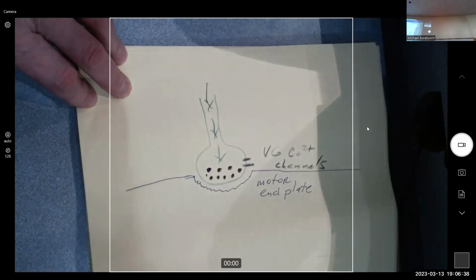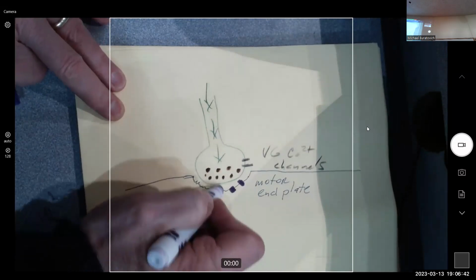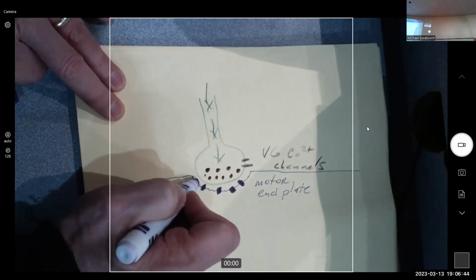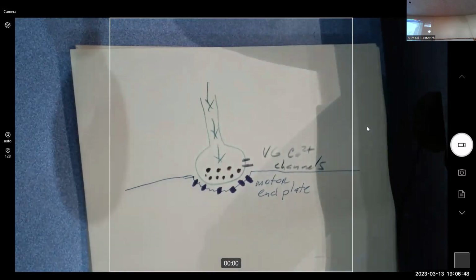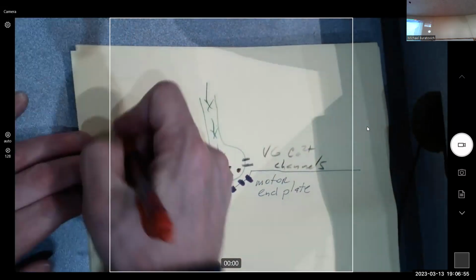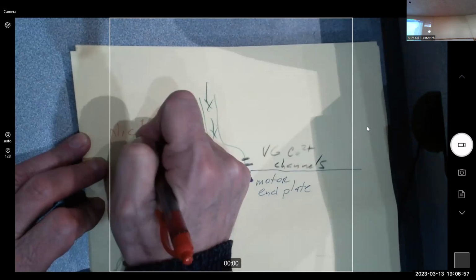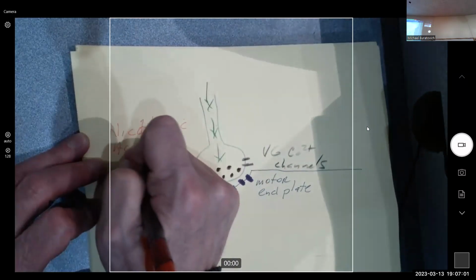Okay, so these motor end plate membranes are decorated with these ligand-gated channels. These are your nicotinic acetylcholine receptors.